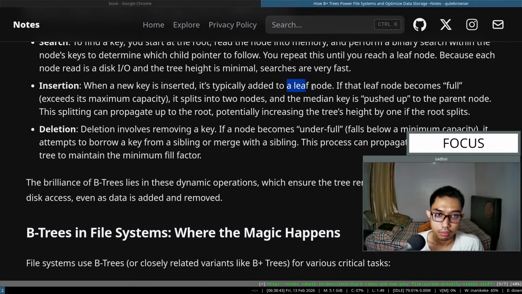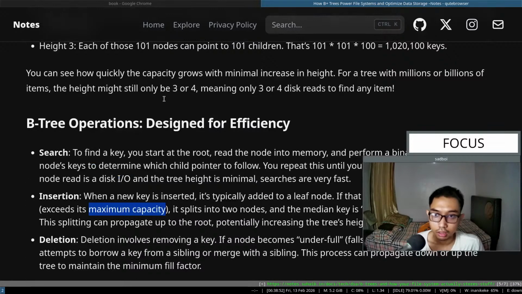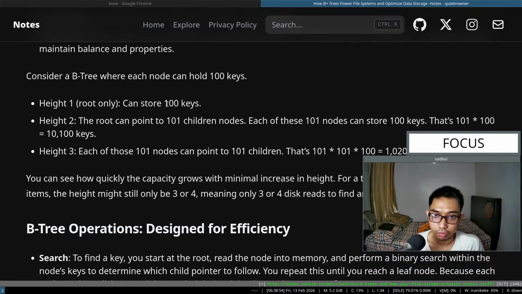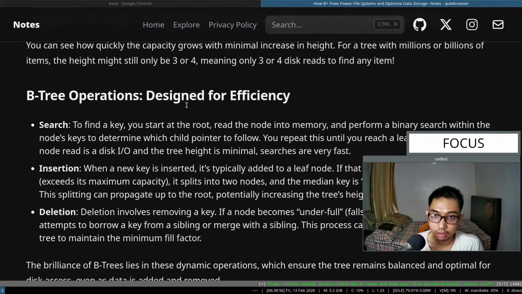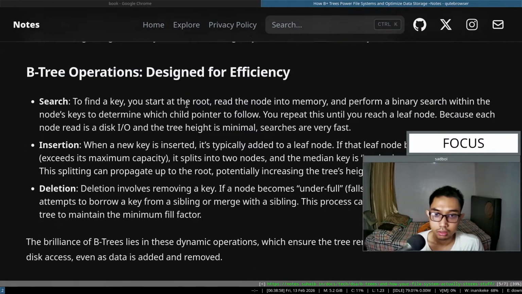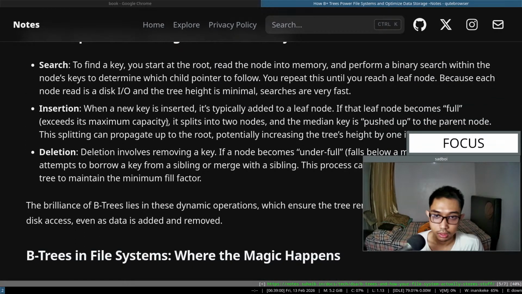Added to a leaf node. If that leaf node becomes full, exceeds maximum capacity, in this case we assume 100 capacity for the node, it's split into 2 nodes.